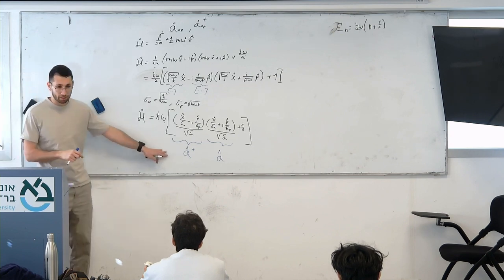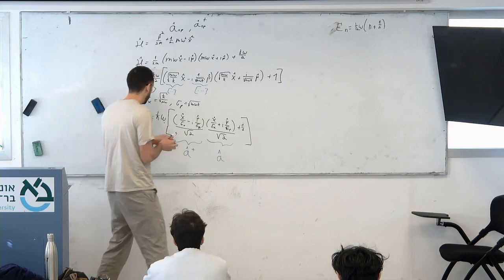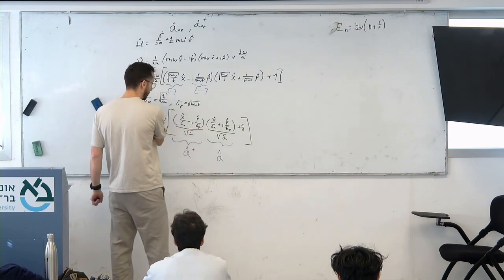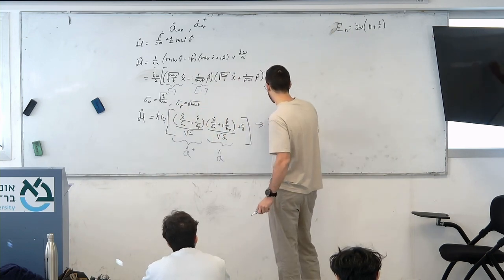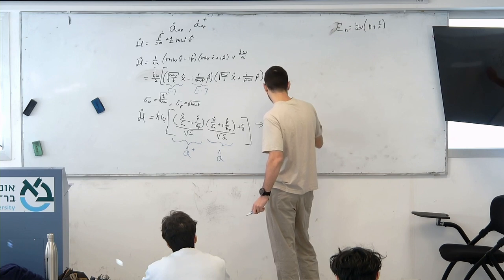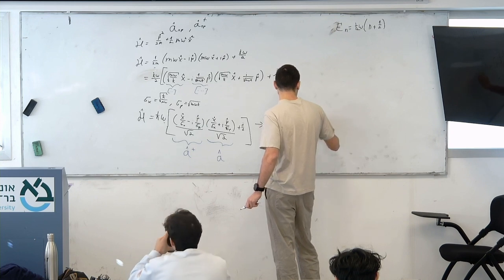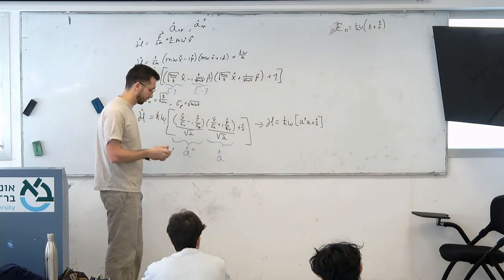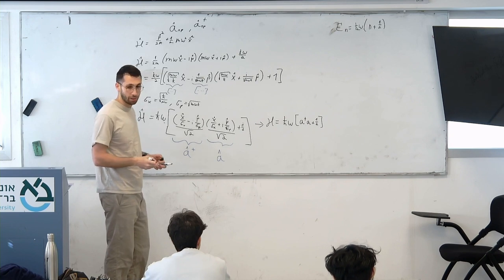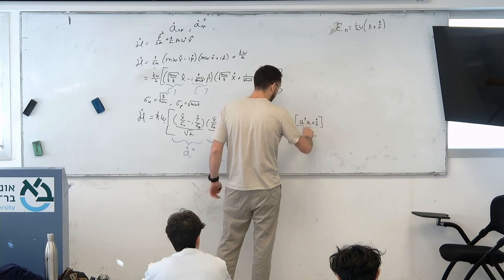I'm defining it, and I'm going to write it on the side shortly, but I can say that the Hamiltonian can be written as h bar omega times a dagger a plus half. Later we will call this a dagger a the number operator.